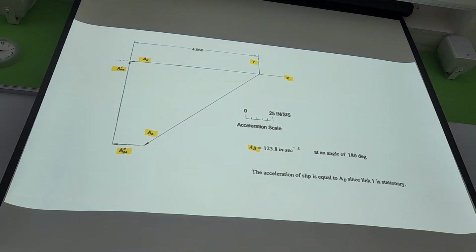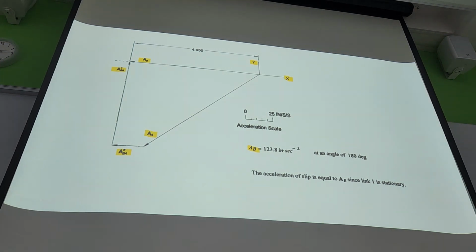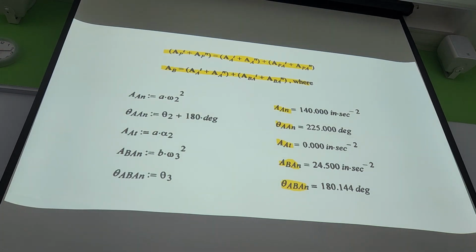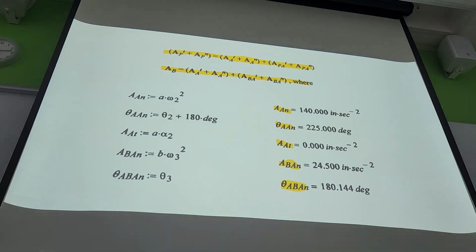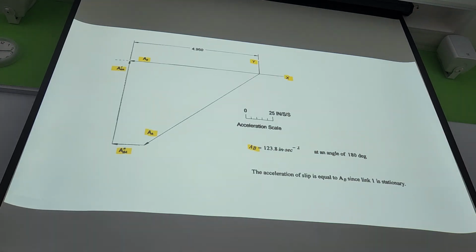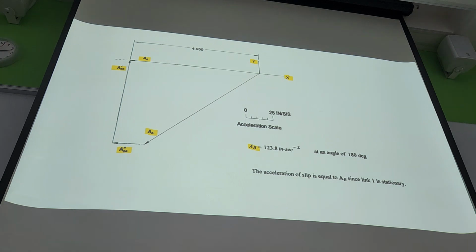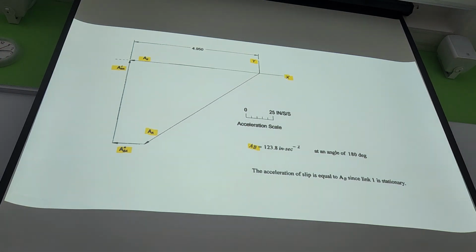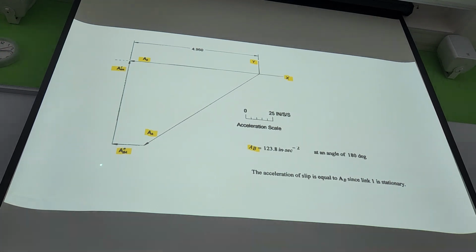From the tip of that, you know BA normal, both magnitude and direction, so you draw this BA normal. Now from the tip of BA normal, you draw a perpendicular line. That line is just a dashed line, because you only know the direction.